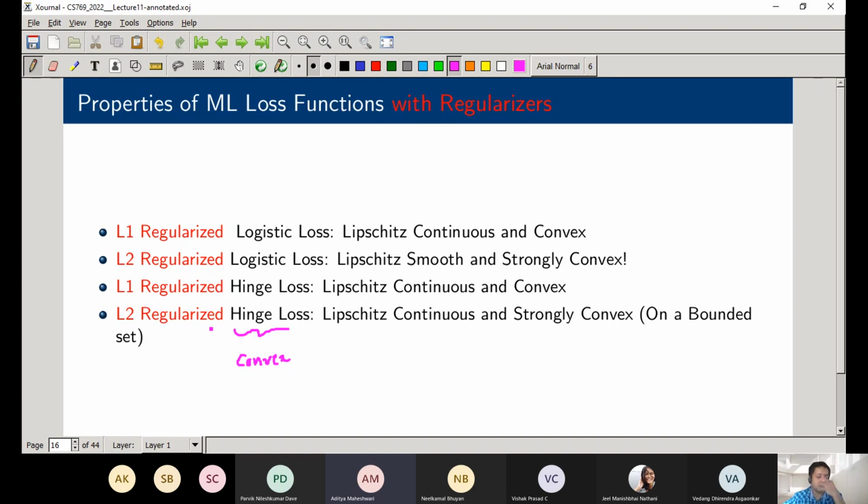It's always Lipschitz smooth, but on a bounded set, we know that Lipschitz smoothness implies Lipschitz continuity. I'm not going to keep saying Lipschitz. There's an abbreviation: L smoothness implies L continuity. Okay, we'll use L hereafter on a bounded set.